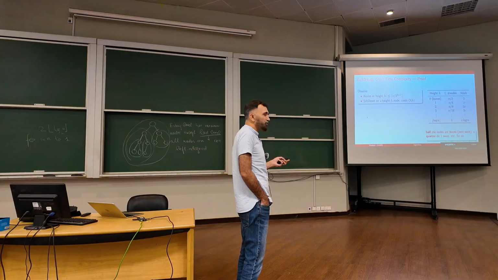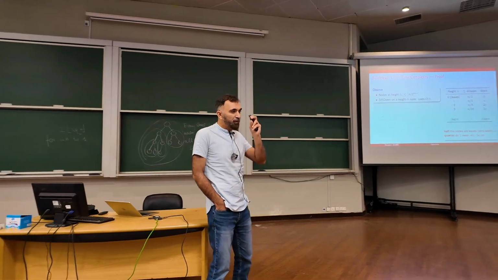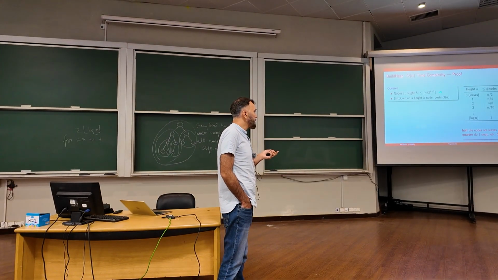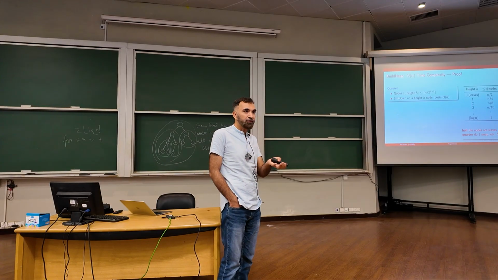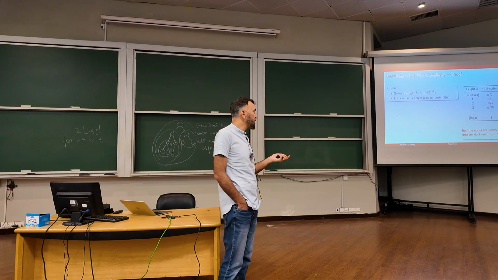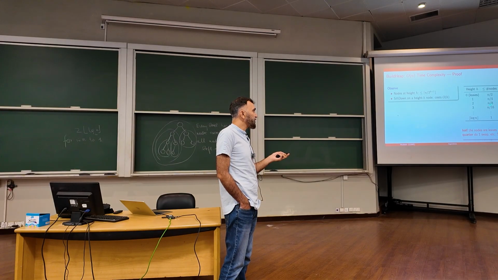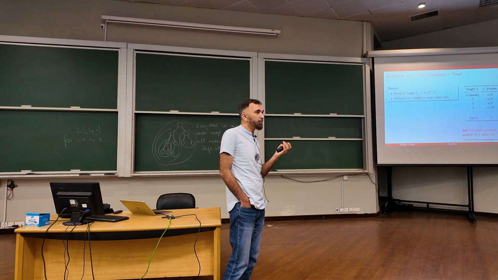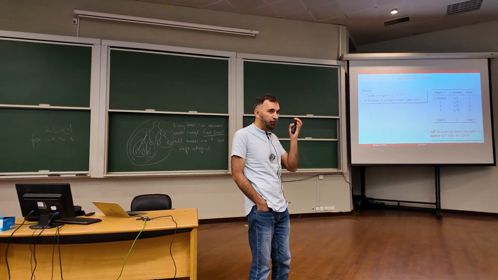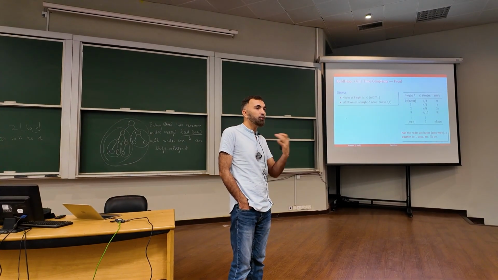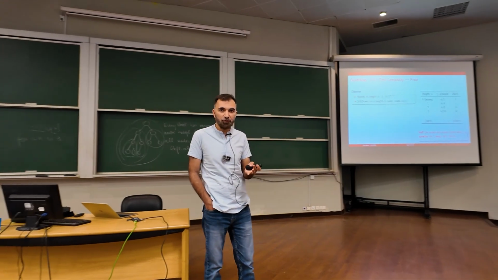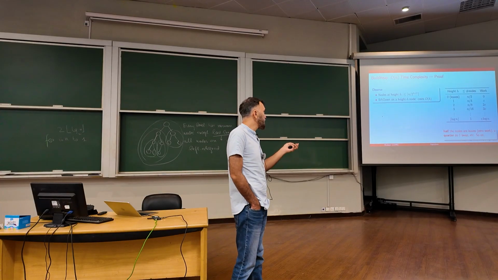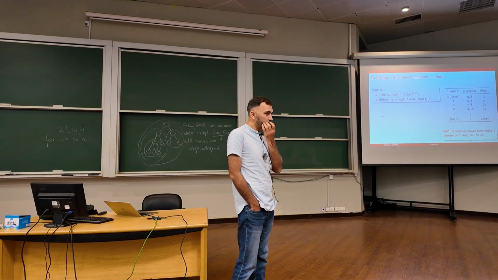But here is another observation, which is that the number of leaves is n over 2. If you remove the leaves, the remaining leaves is n over 4. If you remove those, the remaining leaves is n over 8, and so on. Which means that number of nodes at height 0 is n over 2. Number of nodes at height 1 is n over 4. Number of nodes at height 3 is n over 16, and so on.